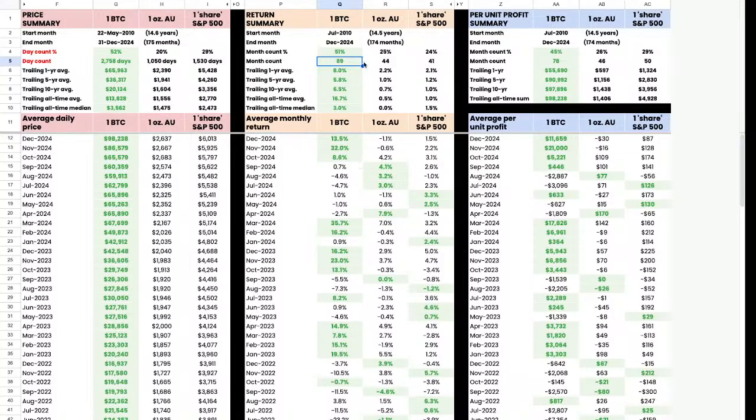That's 51% of the time. And gold only beat Bitcoin 44 months out of 174 months, and the S&P 500 only beat gold 41 months out of 174 months.